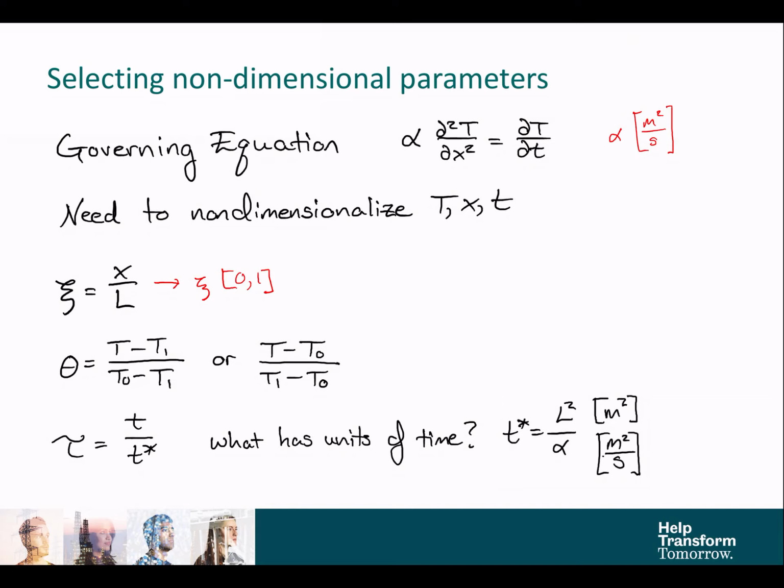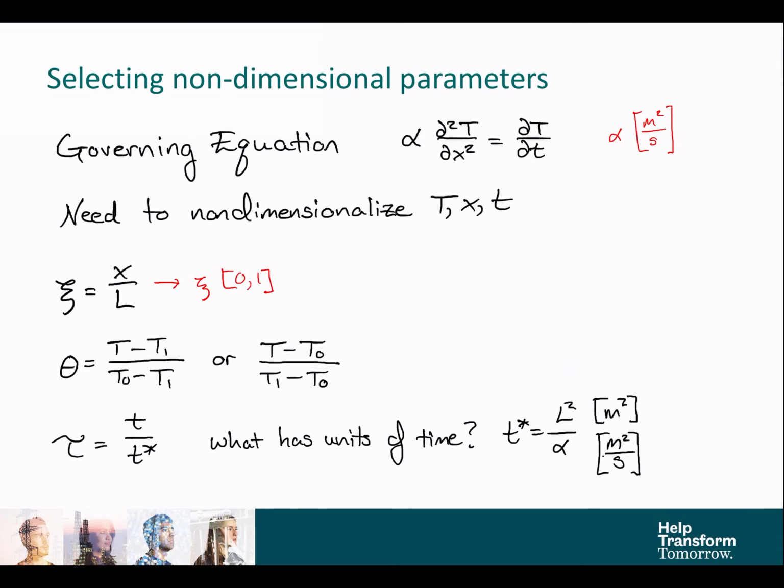So if you let our characteristic time be L squared over alpha, you get a quantity that has the units of time. It seems a little abstract, like, why did we make that up? Well, because it works.